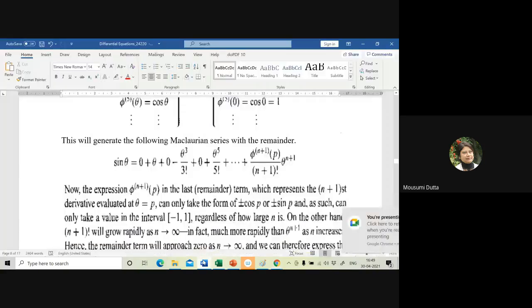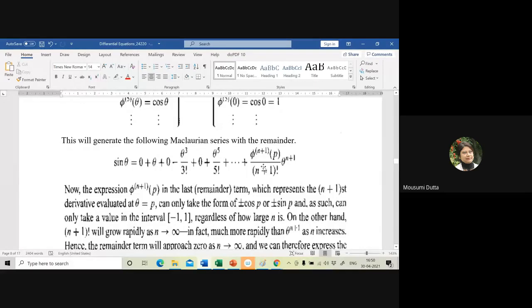Next, if you have any problem, then we will check what we can do for you. The entire Taylor series expansion and Maclaurin series, you did in your first semester mathematical economics course. So please check everything. Instead of sine theta, you got the general functional form; instead of theta, maybe the variable was x, and instead of phi, the functional form was f. Rest of the things were identical.